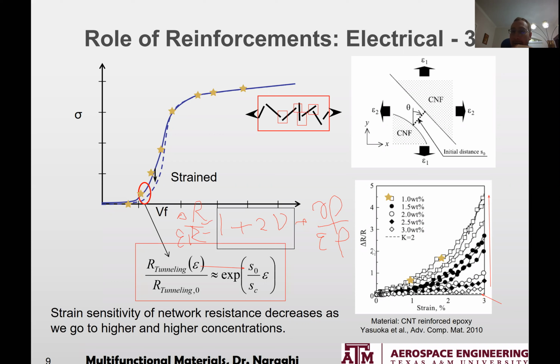In this case, delta R over R is almost 0.7. That's 70%. So delta R over R over epsilon is actually 70 over 1, so it's 70, whereas only 1 plus 2 nu is what we can account for. The rest of it shows the significance of this term.